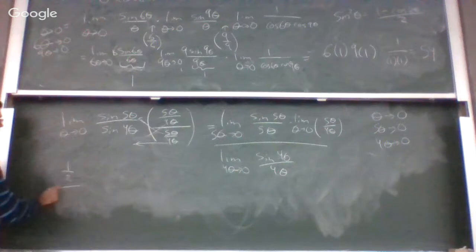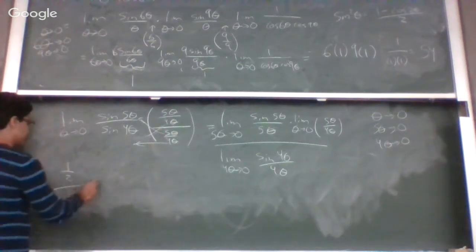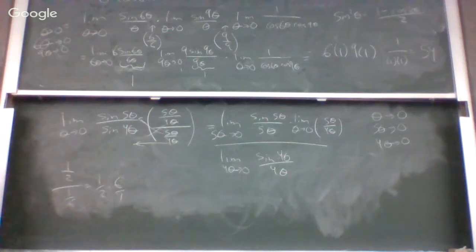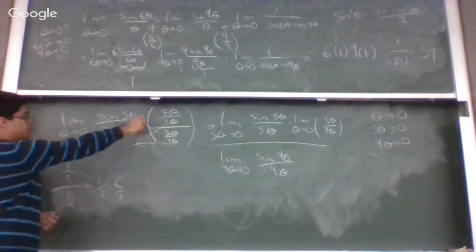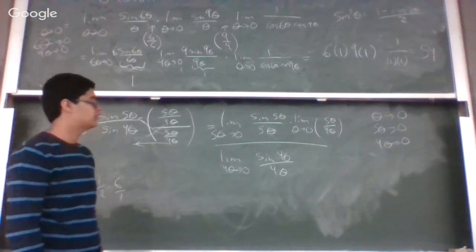It's like if you have 1/2 divided by 1/6, that's 1/2 times 6/1. That's basically, this one is the denominator of that. We're left with 5/4 theta, or 5 theta over 4 theta.